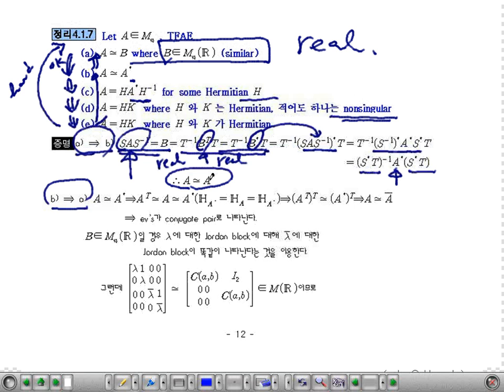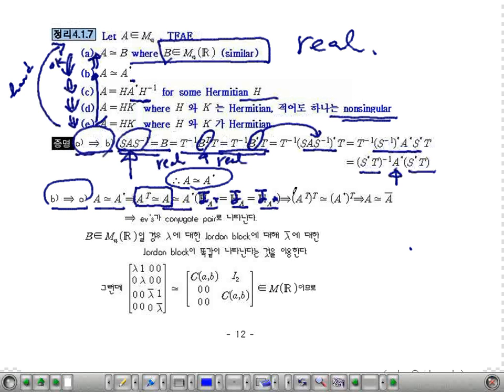Okay, I will start. This is the Jordan canonical form. Transpose and star. A is similar to A star. Now we show B implies A. A is similar to A star, and A is always similar to A transpose, which was the condition. So we know the Jordan canonical form of A transpose is the same as the Jordan canonical form of A, which is the same as the Jordan canonical form of A star.